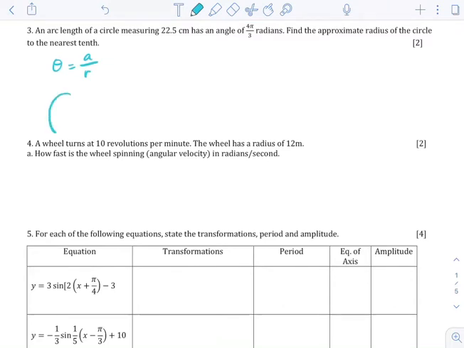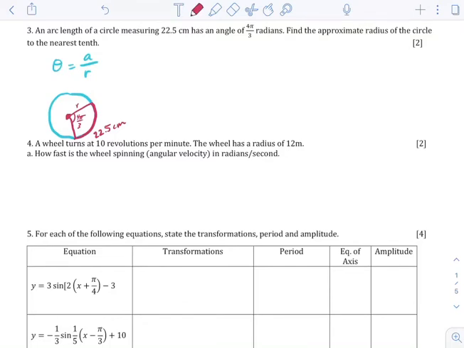So basically what's happening in this case is we have a circle where we've carved out 22.5 centimeters of it. And we've created an angle of 4 pi over 3. We want to know what's the radius in order to make that happen, right? The distance from the center to the outside.